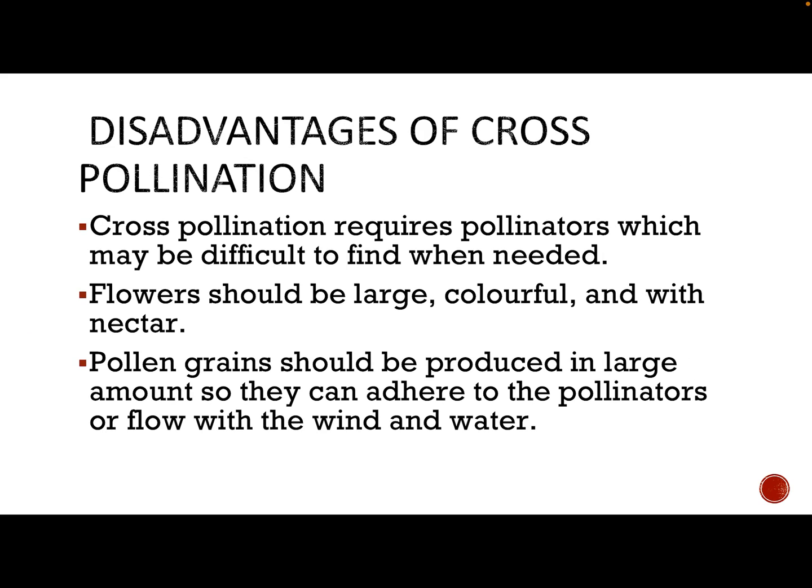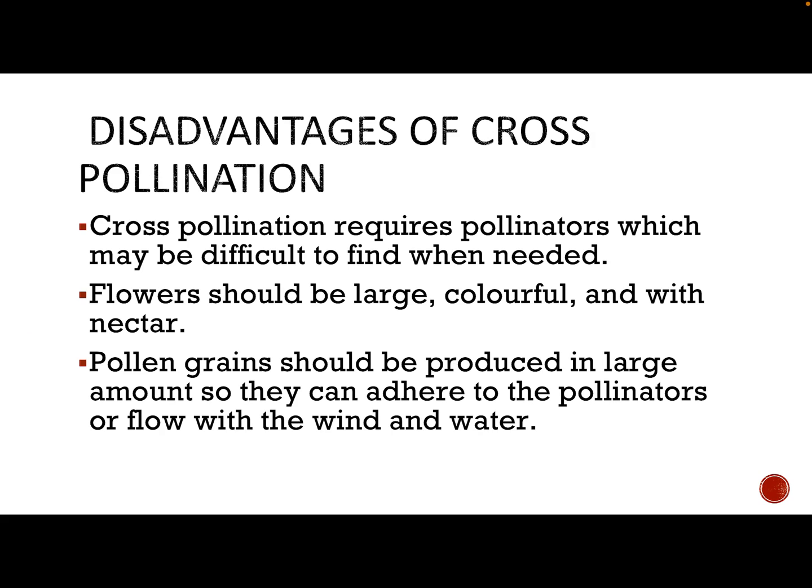Disadvantages. Some disadvantages, or not so important things, of cross pollination. What are those? Cross pollination requires pollinators, which may be difficult to find when needed. Here one crucial thing is pollinators, and if they are not available or are less available, then these plants are going to have some problem, and that is not a very good thing.